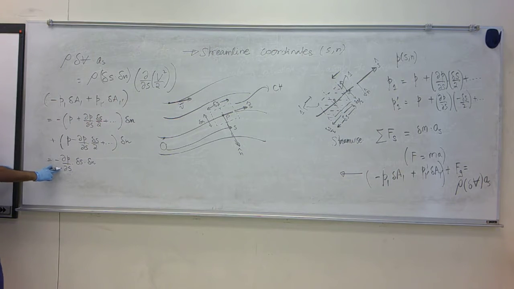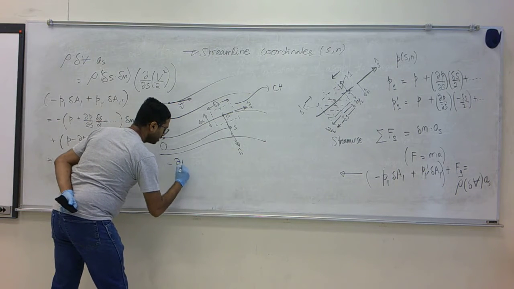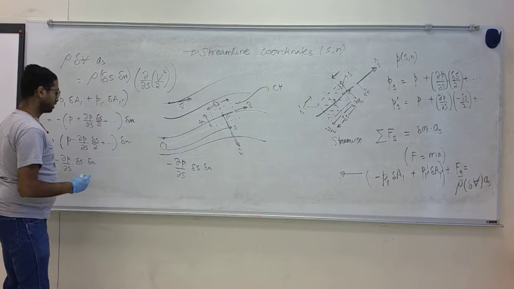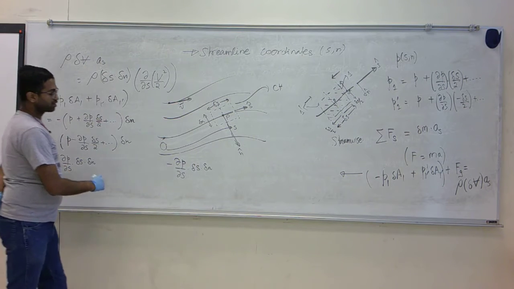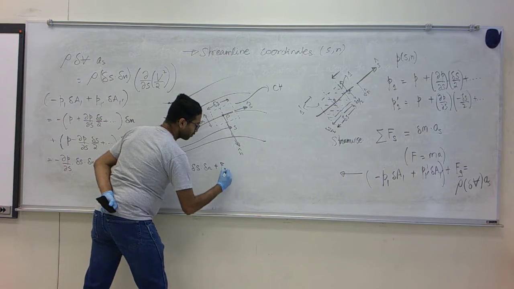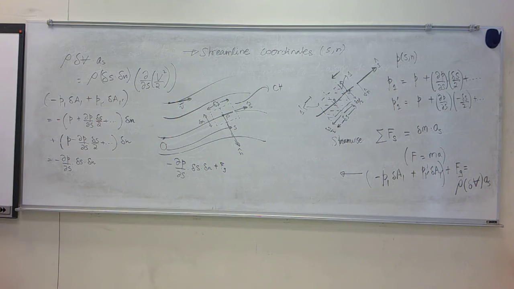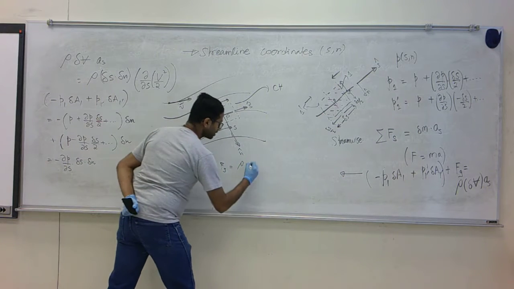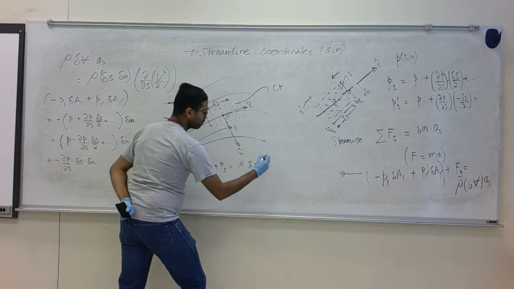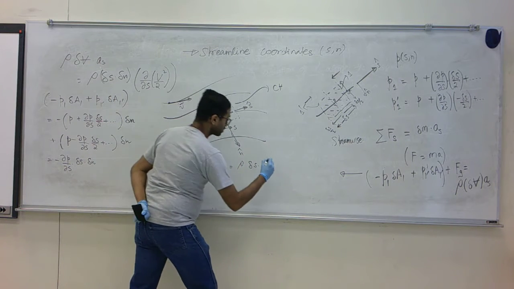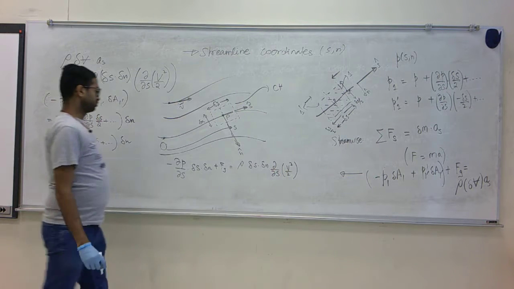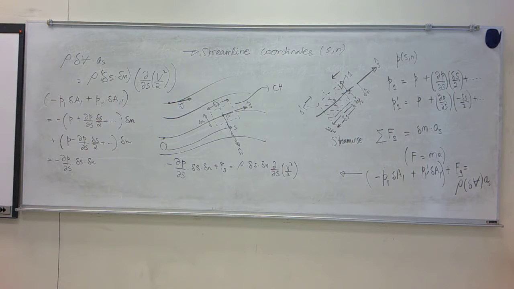If we simplify it, we get minus dP over ds times delta s times delta n, okay, that's this term, plus the weight of the fluid which we haven't written down yet, which we'll write, equal to the density times delta s times delta n times the acceleration, partial s of v squared over 2.